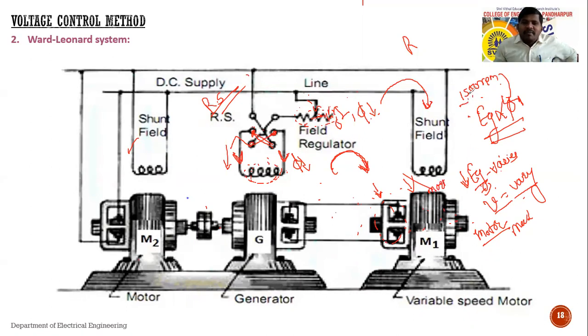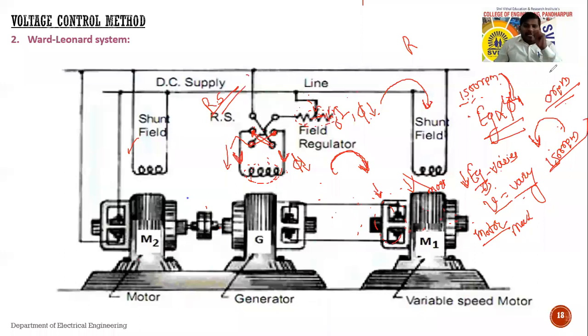That means the motor will be running in the anti-clockwise direction. The motor running at 1500 RPM clockwise will slowly come to 0 revolutions per minute, and once it gets to 0, it will run in the opposite direction. So it will run anti-clockwise up to 1500 revolutions per minute.